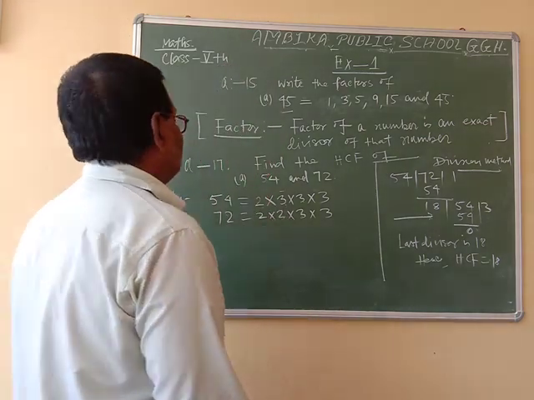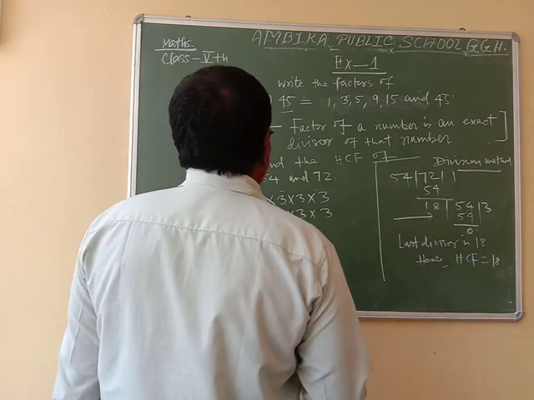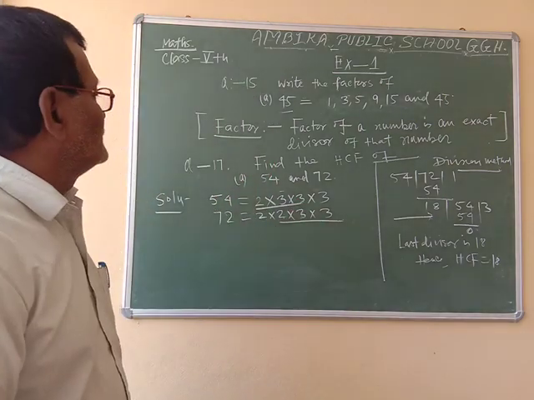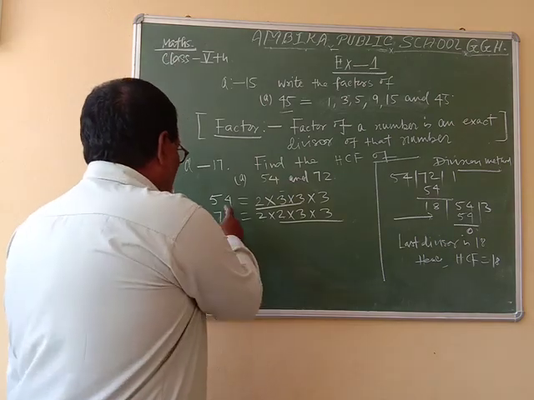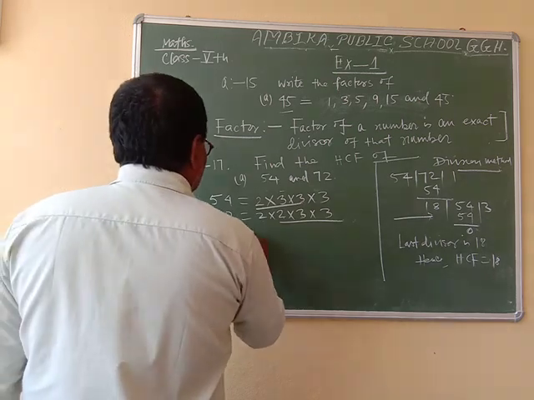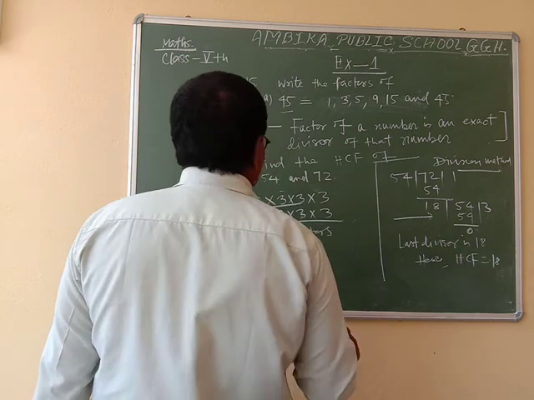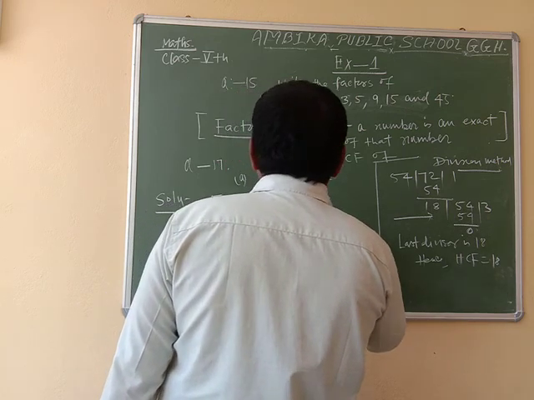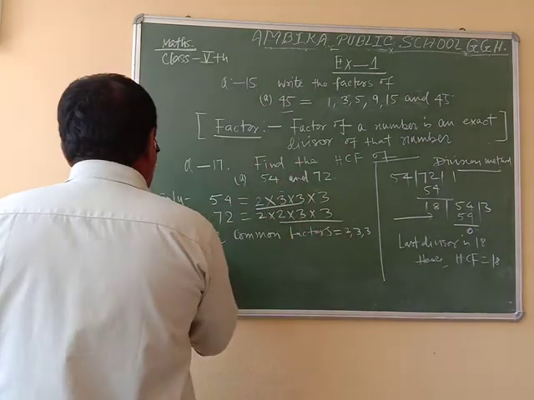Here we see that 3 into 3 into 2 is the common factors of 54 and 72. Here, common factors are 2, 3, 3.